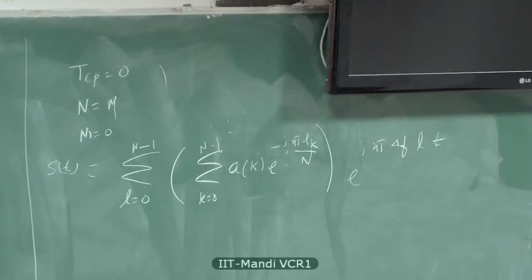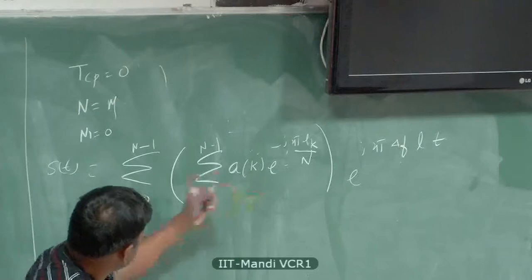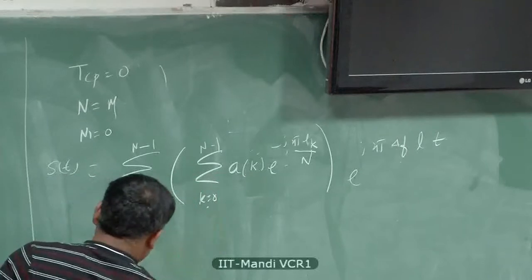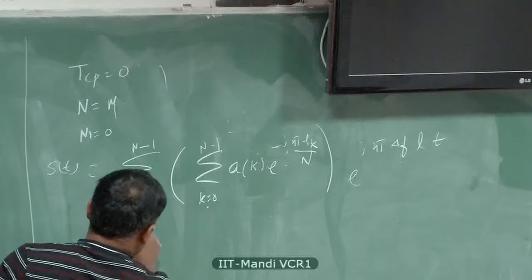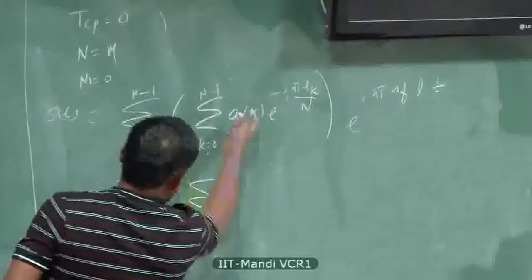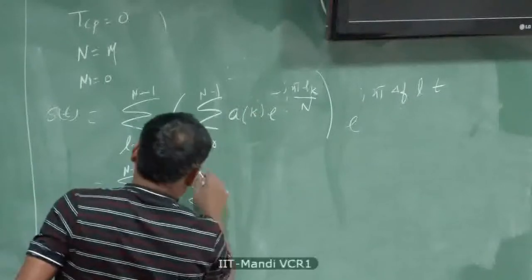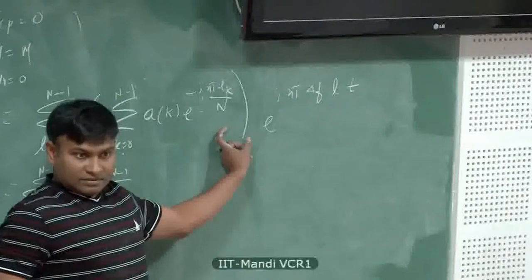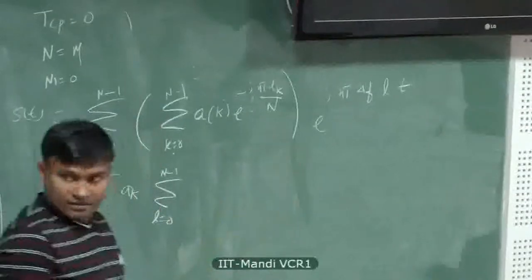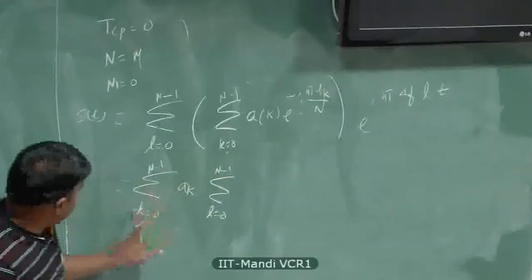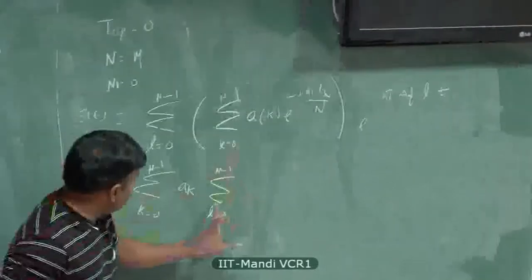Okay, so now I will move A of k inside here. I'll start k equal to 0 to n minus 1. I will write A of k here, and I will write this summation. I'll flip it, L equal to 0 to n minus 1, and I'll combine these two. I'm just rearranging things. I move this inner summation to outside, and this I'll take inside.